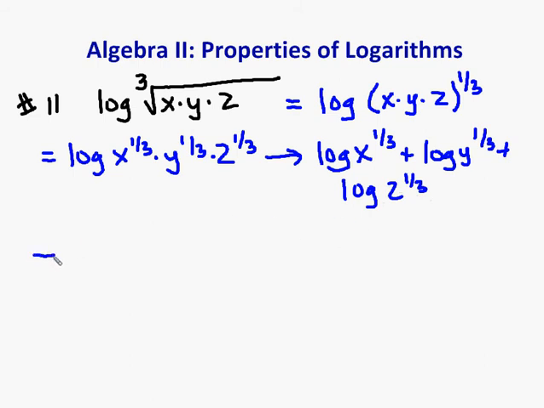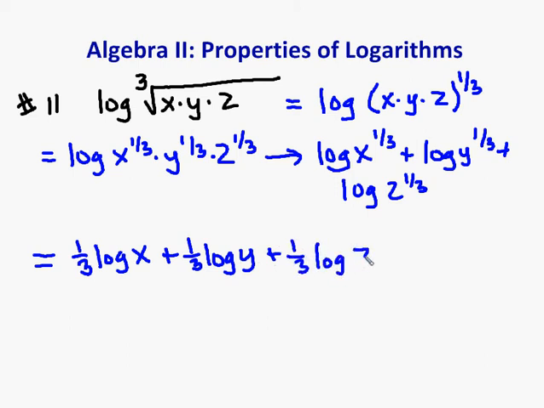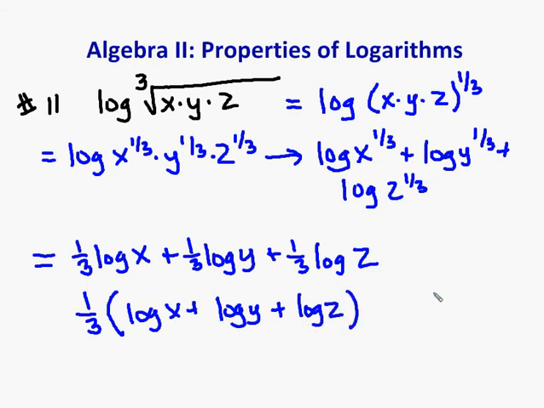Now the final step is to use the power property, and the power property says that log x to the 1/3 is the same as 1/3 log x, and log y to the 1/3 is the same as 1/3 log of y, and log z to the 1/3 is the same as 1/3 log of z. Now as a final step, you could also rewrite this as 1/3 times log x plus log y plus log z.